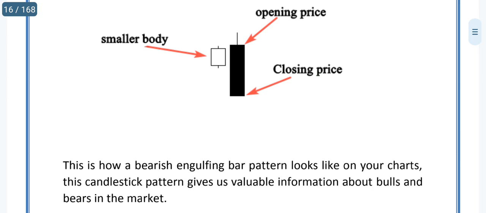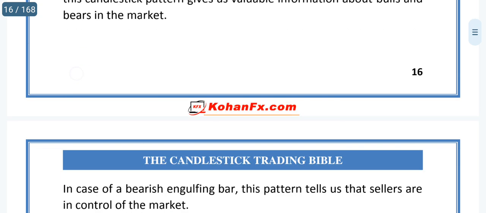This candlestick gives us valuable information about bulls and bears in the market. I am going to give you the meaning of the bulls and bears in the market. As we continue, you are going to understand everything.